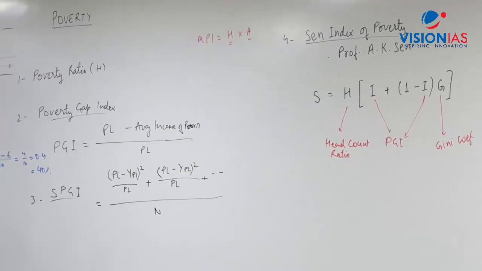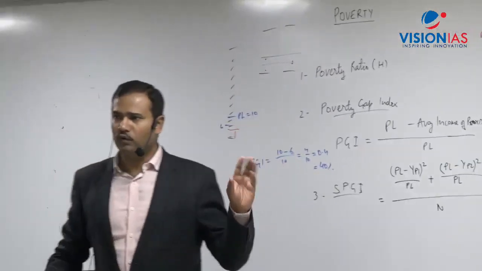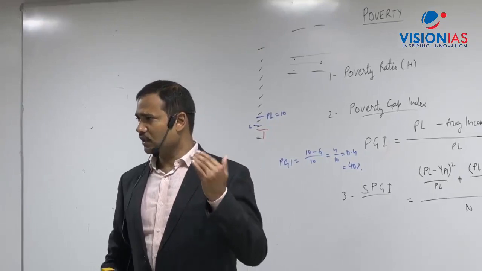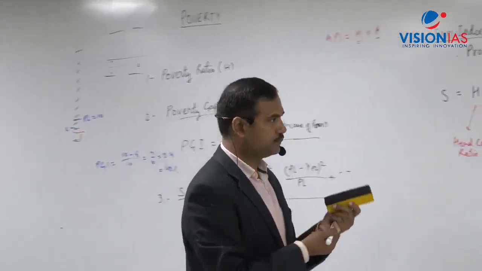Okay, so these are some terms relating to the measurement of poverty. Now finally, the causes and remedies. What are the causes of poverty?